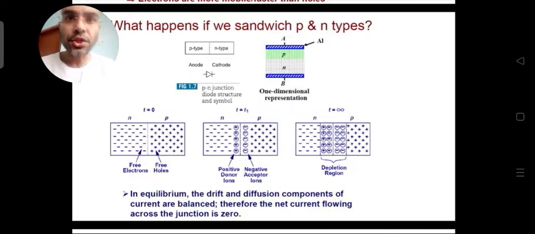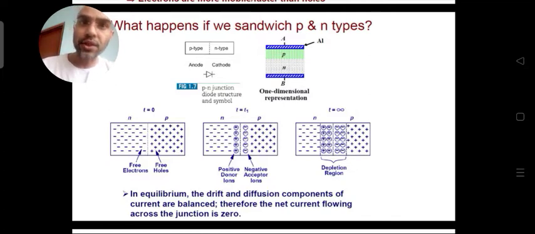Further discussions will be based on this only, that the direction of the electric field will be from N to P. Because of this direction of the electric field, some built-in potential will arise.